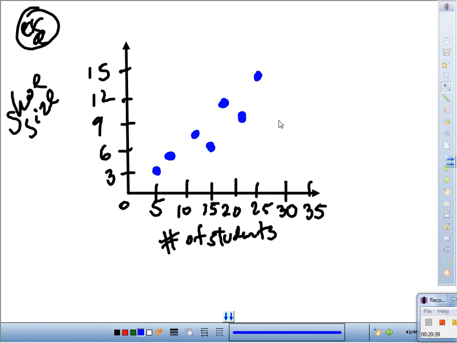And one student at size 14. One student at size 14, which is right there.